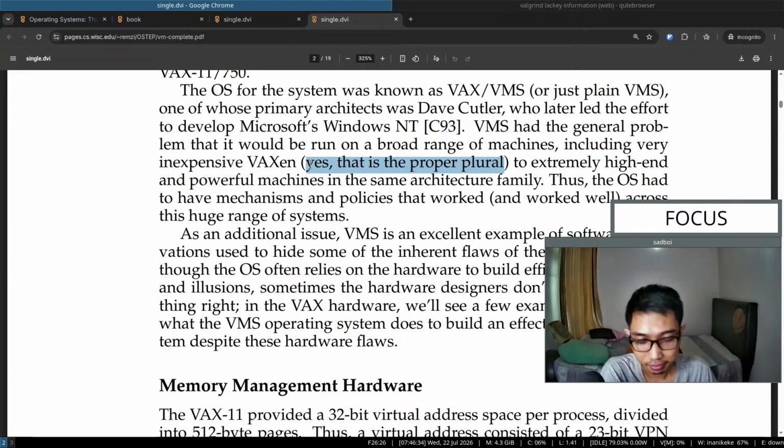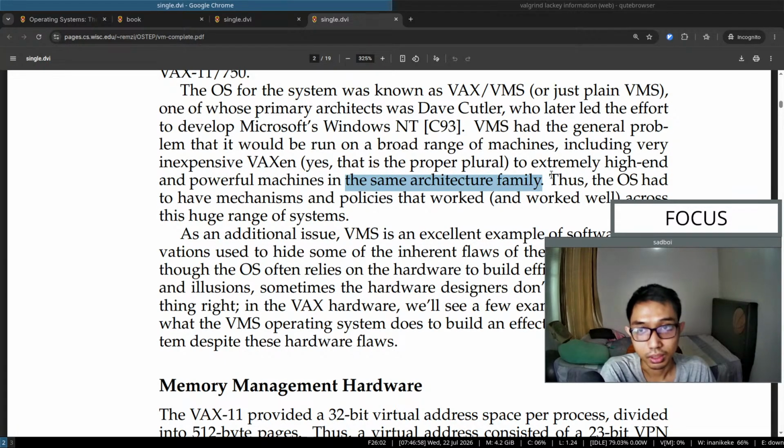Alright, I learned something new, I guess. Think very inexpensive VAX and the extremely high-end and powerful machine in the same architecture family.